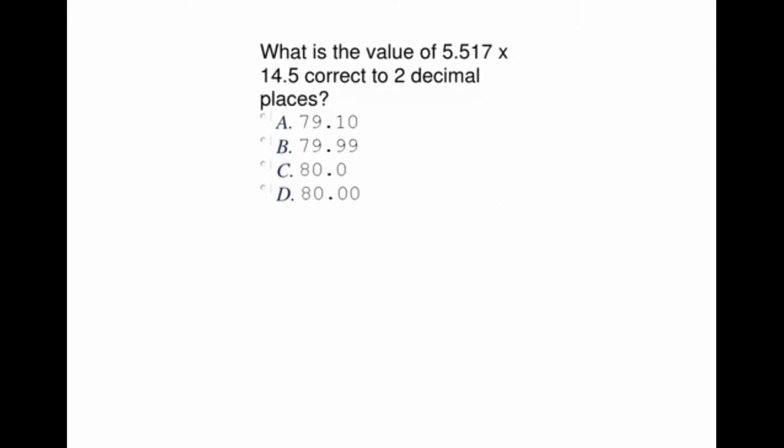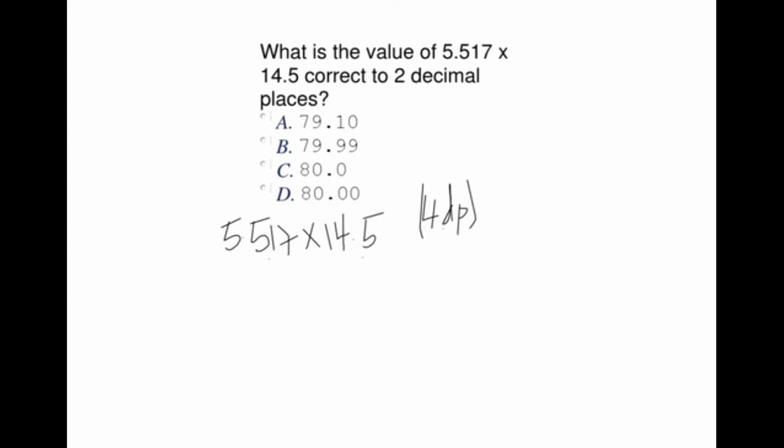What is the value of 5.517 multiplied by 14.5 correct to 2 decimal places? We have 5.517 multiplied by 14.5. So we have 3 decimal places plus 1 is 4 decimal places.